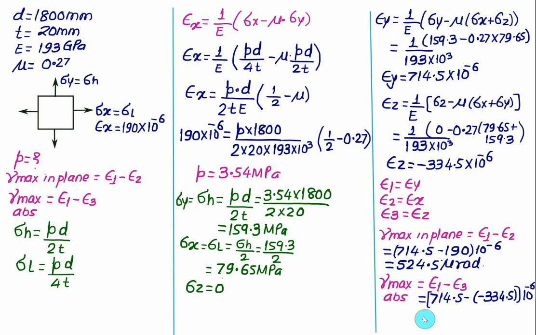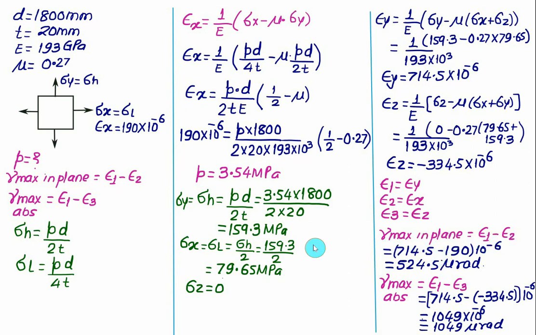This value is close to 1049 into 10 to the power minus 6, that is 1049 micro radian. In this fashion we can calculate the maximum shear strain absolute value using epsilon 1 and epsilon 3, and maximum shear strain in plane using epsilon 1 and epsilon 2.